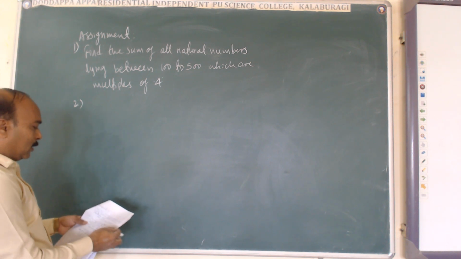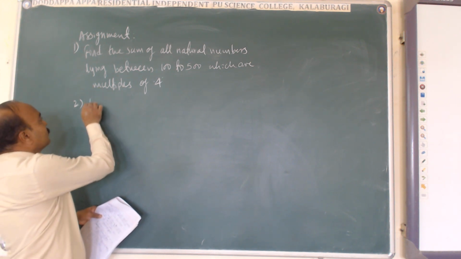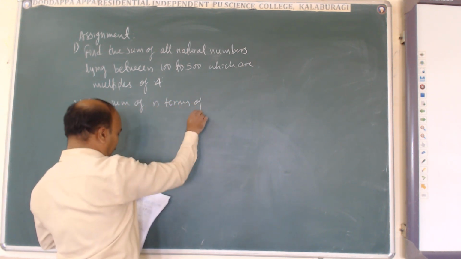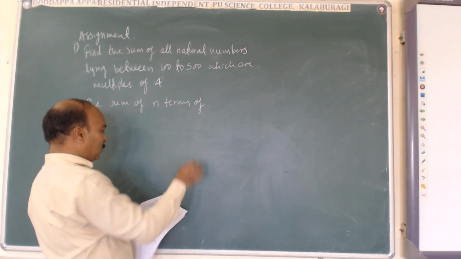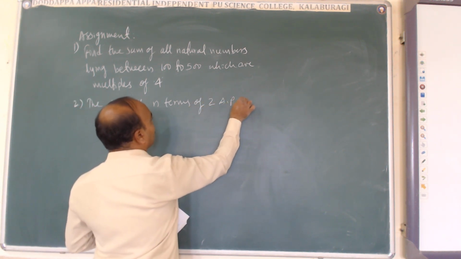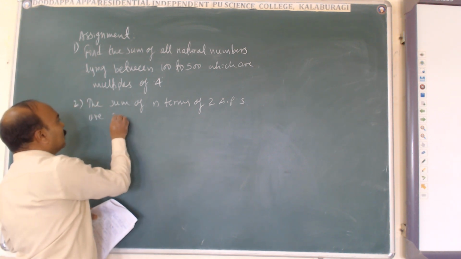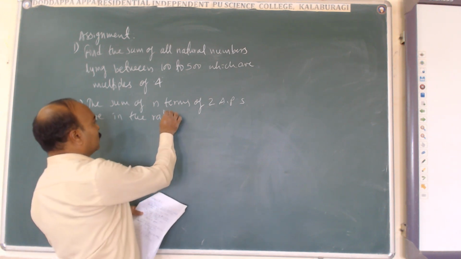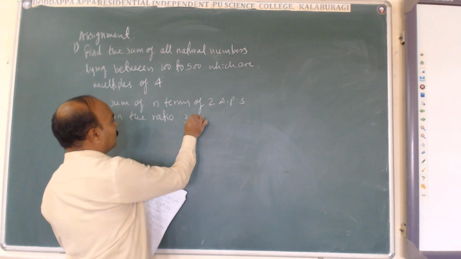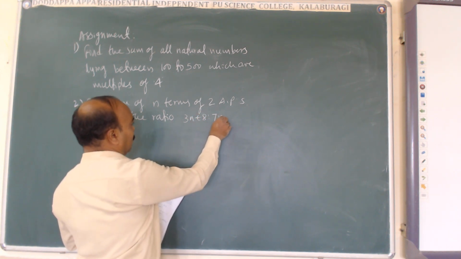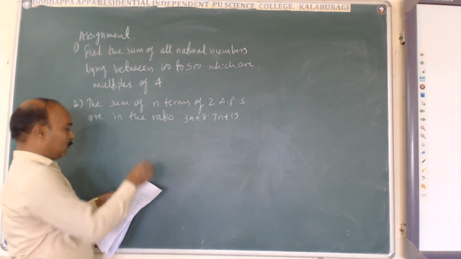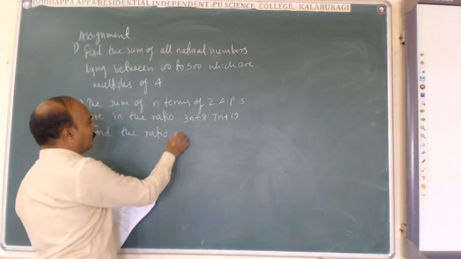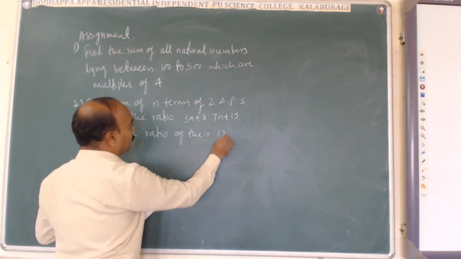Second one, the sum of n terms of 2 APs are in the ratio 3n plus 8 is to 7n plus 19. Find the ratio of their 12th terms.